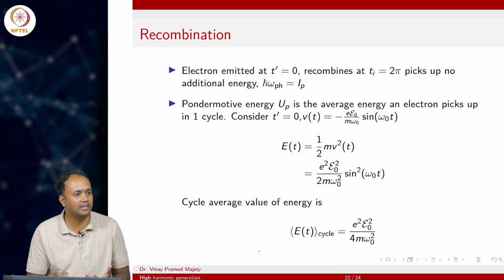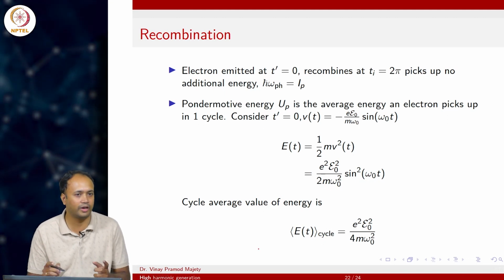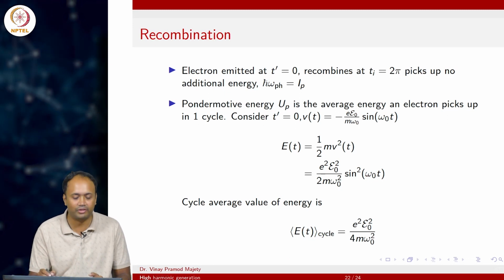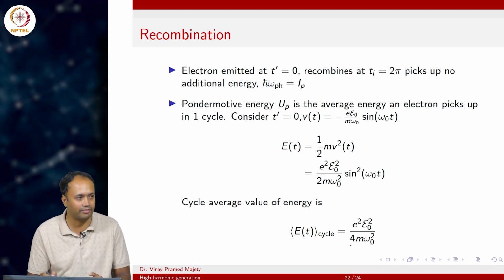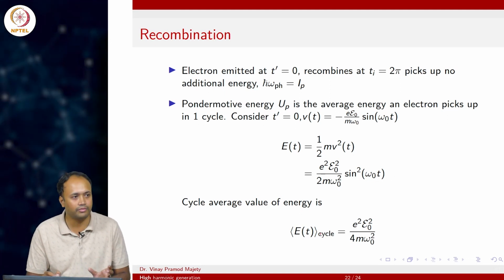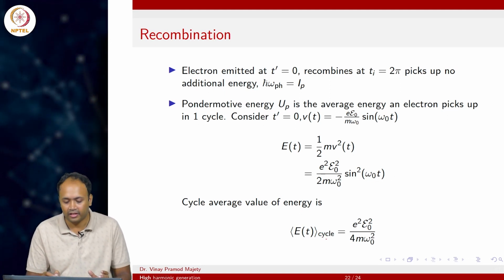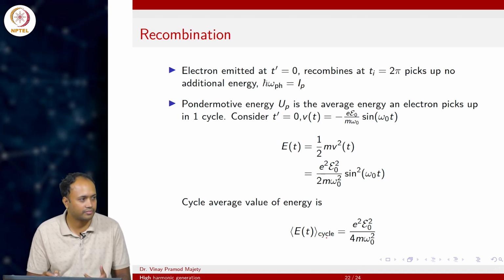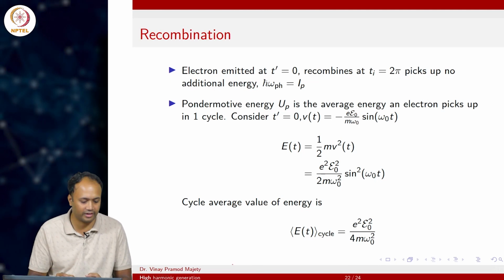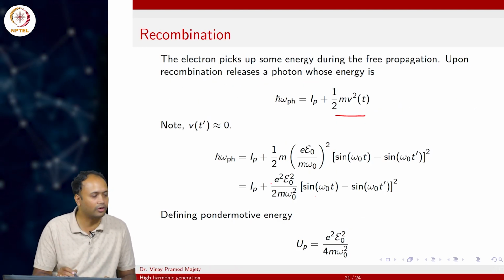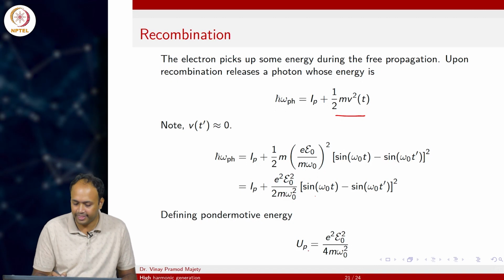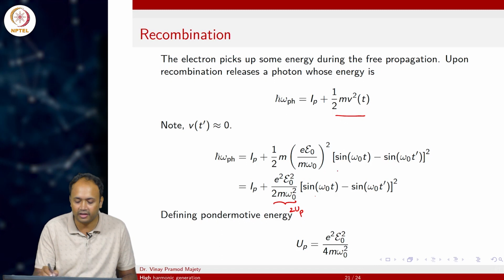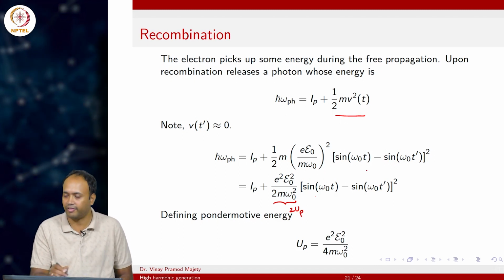And if I do a cycle average, when I have a sine square function and I average it, I will get a half. So this particular quantity has a physical interpretation, and that is the average energy that an electron has in a particular cycle, okay? And that is what is called the ponderomotive energy, and that is the constant that comes into this. And so, therefore, you can write this thing as Ip plus some 2 Up times this time dependent factor.